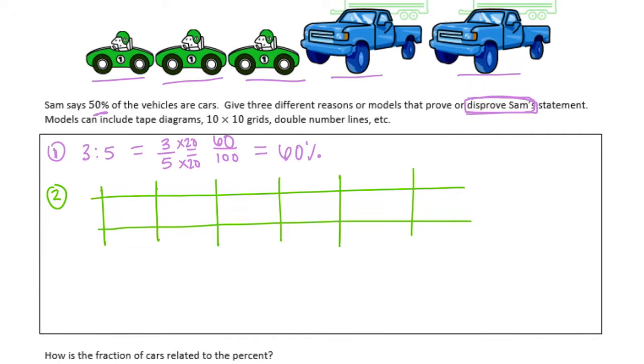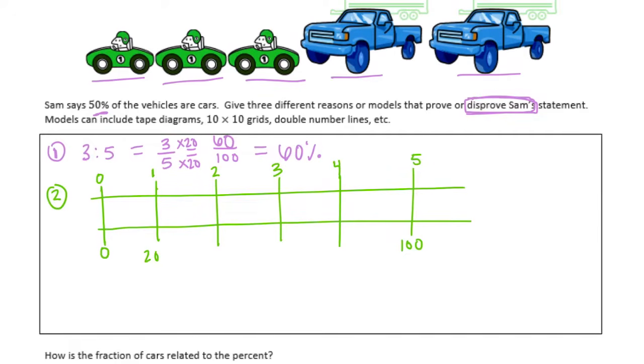So we put zeros. 1, 2, 3, 4, 5. And then since it's out of 100%, I'm going to equally split the 100% into 5 equal parts. So 100 divided by 5 is 20.